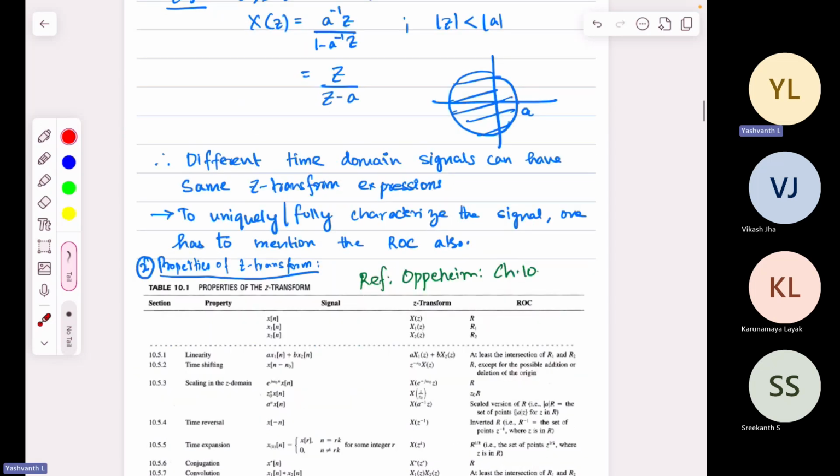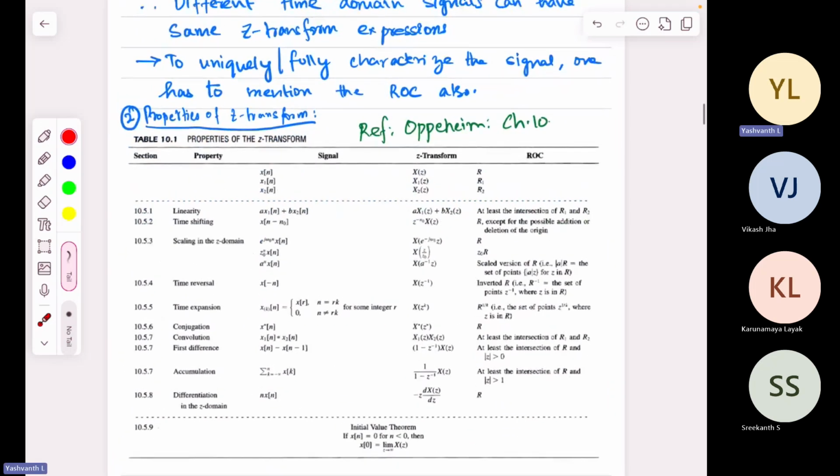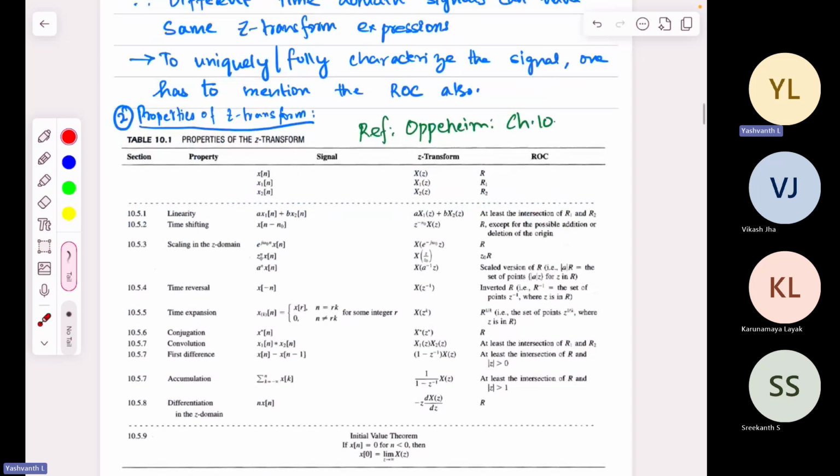Now, just like how in Laplace transform we saw some properties, similarly for Z transforms you also have many properties which are very similar to Laplace transform, and we'll quickly go over them. I have taken this table, Table 10.1, and the reference is Oppenheim Signals and Systems, chapter number 10.